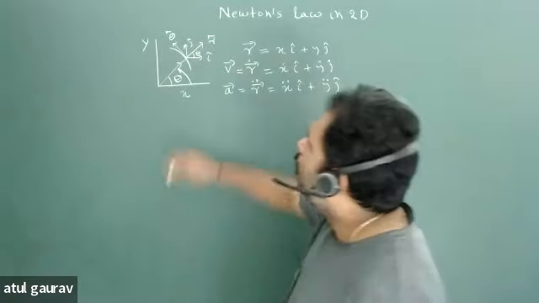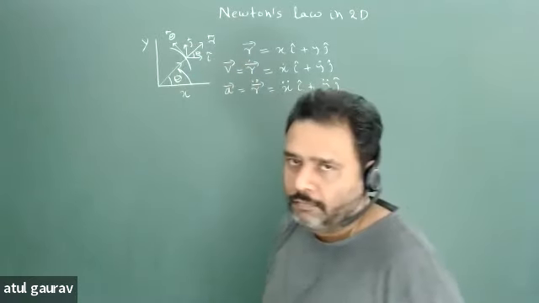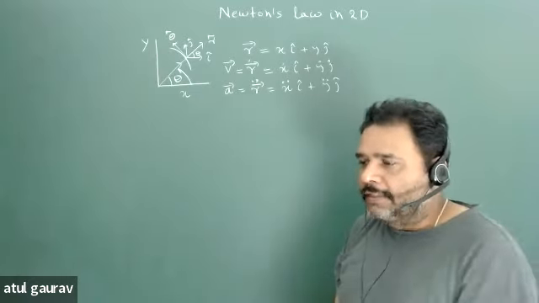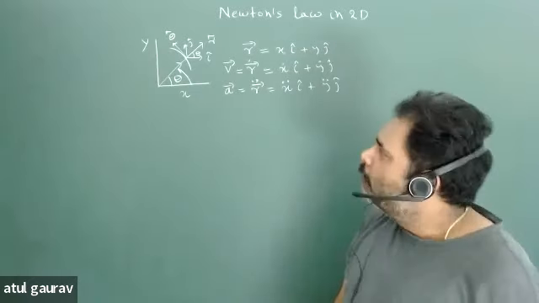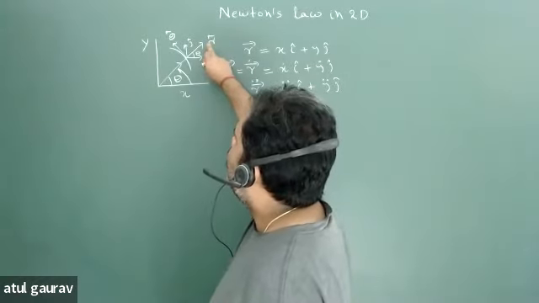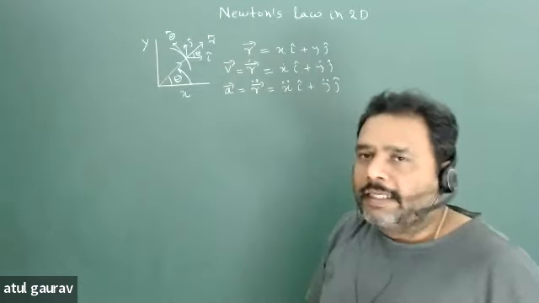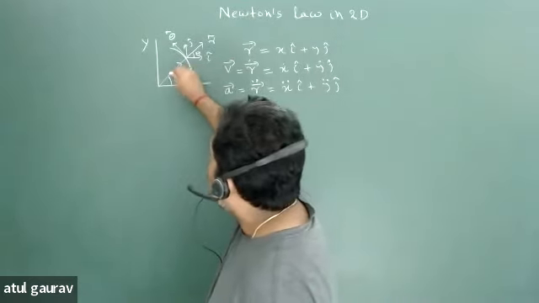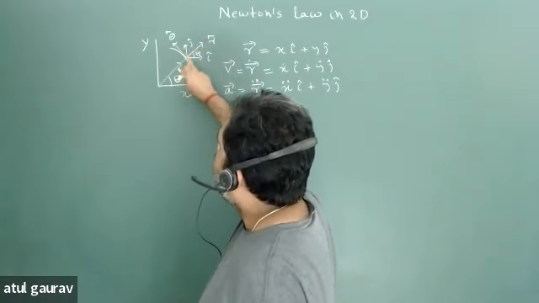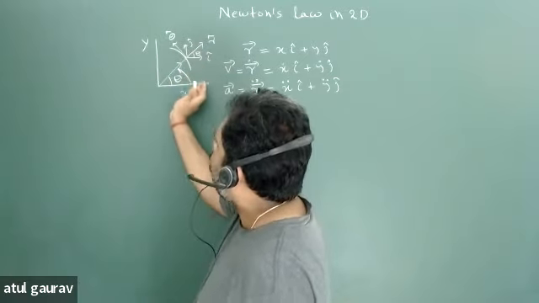So what is our first duty? I just want to write this r vector in the basis of i cap and j cap. So how will we write it? Very simple. We will take a projection of r cap, and this r cap is a unit vector along the r direction. What is the r direction? It is moving away from the origin or towards the origin. And what is theta? It will just tell you how you are changing this angle with the x-axis.